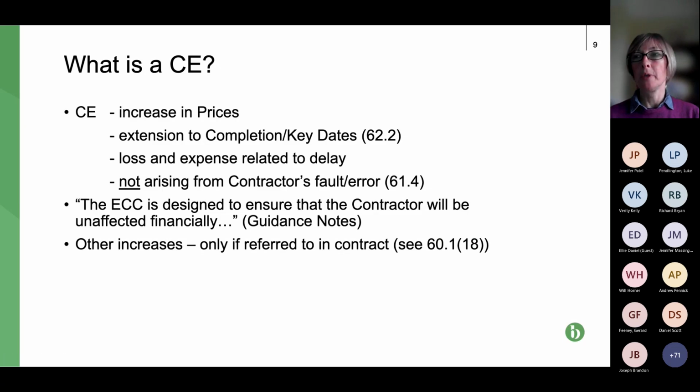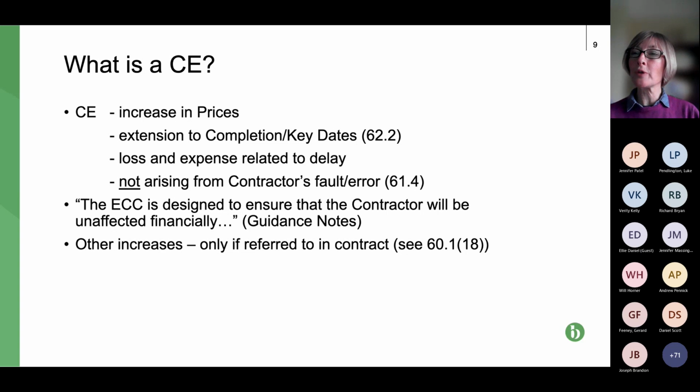Now, if you were attending the webinar last month, you'll know all about this, but just to focus on compensation events, which is where the schedules are relevant for option contracts A and B. What we're looking at here is increases in prices, extensions to the completion date, and also the delay.